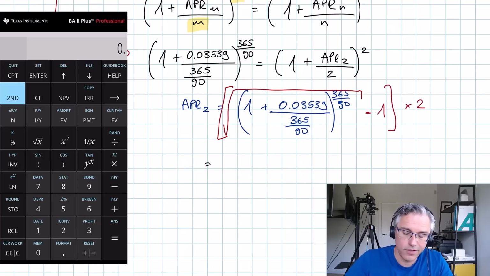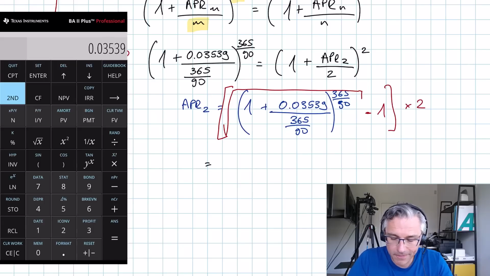I'm going to start off with what's in the blue bracket, maybe with 0.03539 divided by, open bracket, 365 divided by 90, close bracket. Okay. Press the equals key. Now raise this whole thing to the power, oh, don't raise it yet. Sorry, again, 0.03539 divided by, open bracket, 365 divided by 90, close bracket, press equals, plus 1.